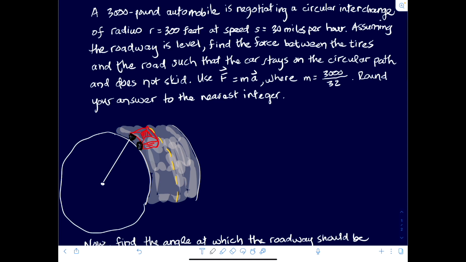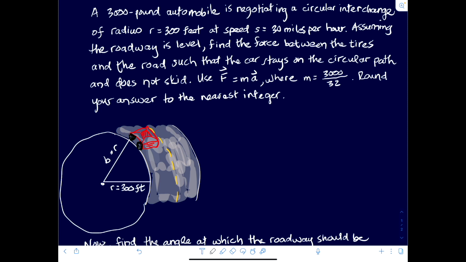So this is like our B from our circular motion problems. Cool so far? And this is like our radius. So B is equal to R, but what did we find out? We found out that R was equal to 300 feet.